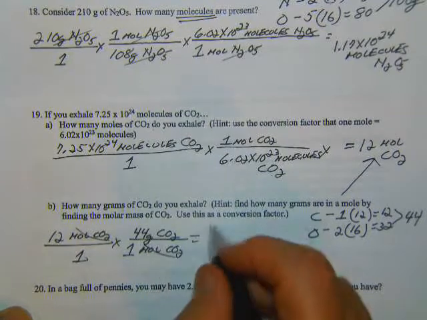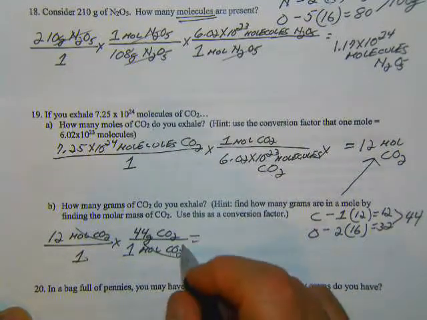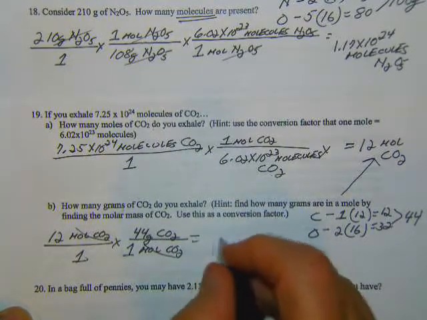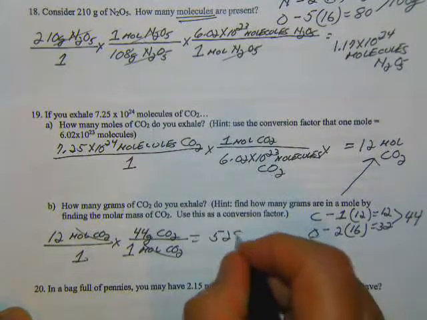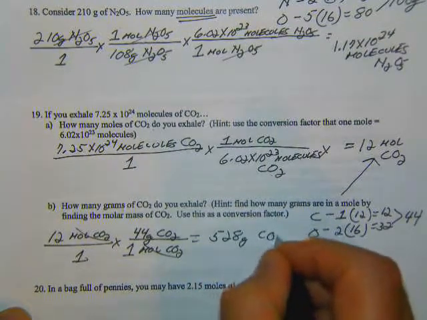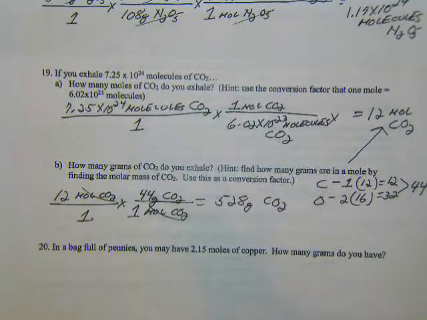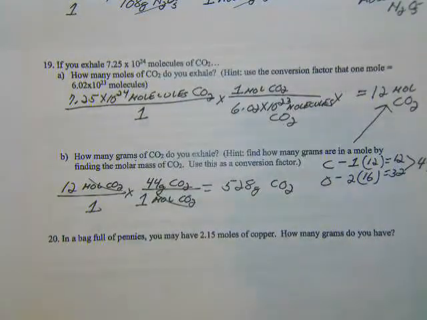Moles of CO2 cancel out. 12 times 44, if my math is right, is 528 grams of CO2. And again, I keep repeating myself, but it's the procedure and the thought process. The numbers are going to change. Once you get the thought process and the procedure down, the problems really don't become that bad.